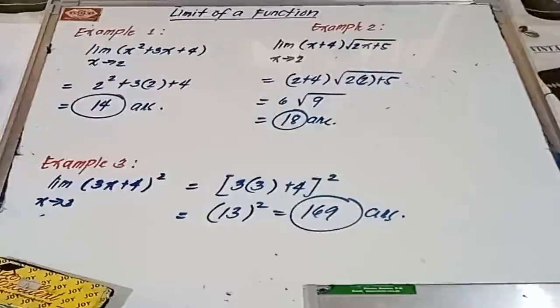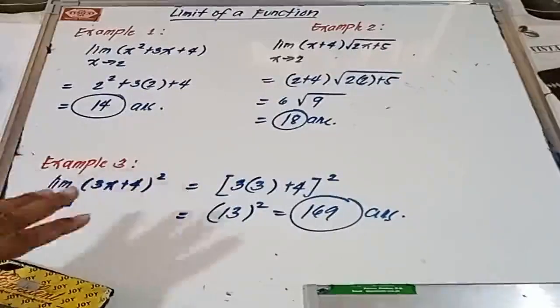In practice, hindi naman kailangan gamitin na yung theorem on sum of limits kasi hahaba ang ating mga solution. But if we can solve the limit of a function by straight substitution, gawin ninyo. But as I've said, on some functions, ang limit does not exist if we're going to use straight substitution.